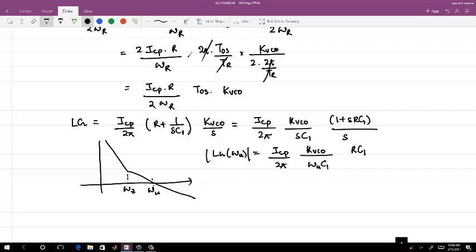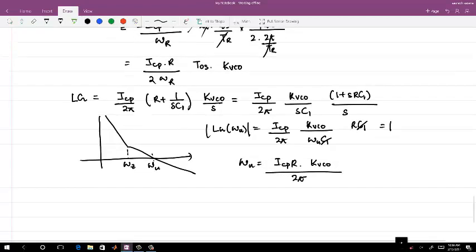This should equal 1. So your omega u is equal to ICP R times KVCO by 2 pi. C1 cancels, R is there. This is again considering that you do not have a C2 capacitor.